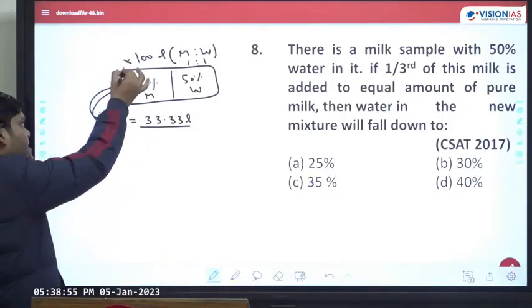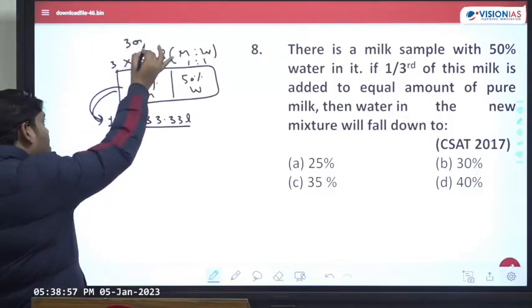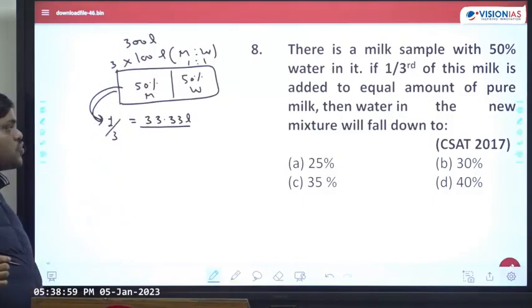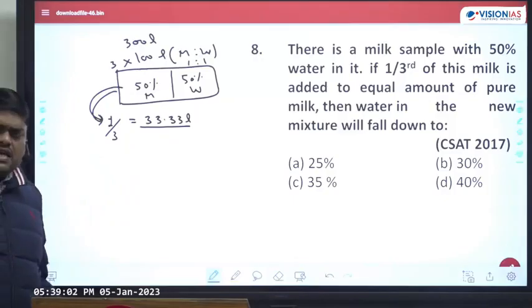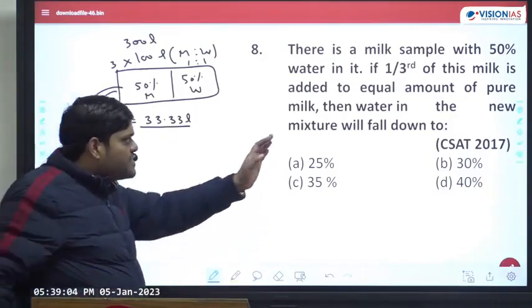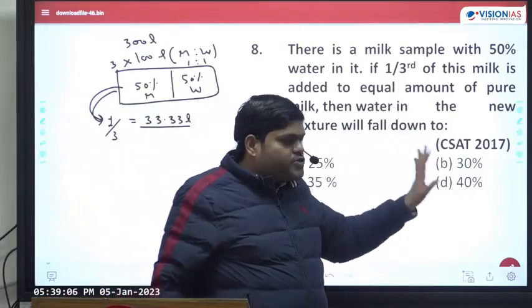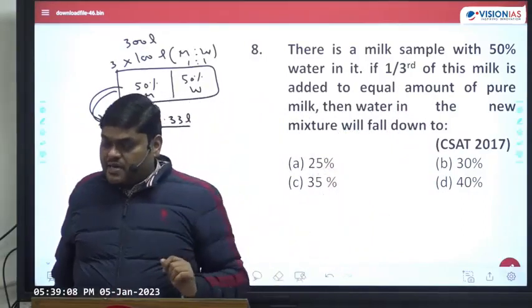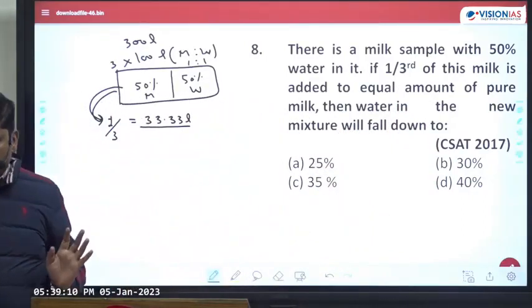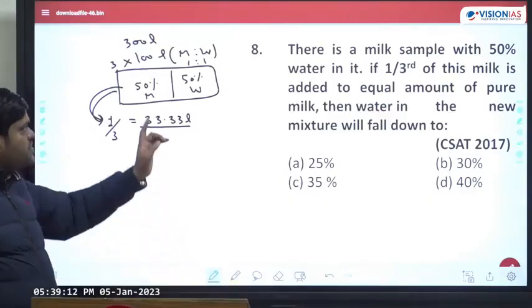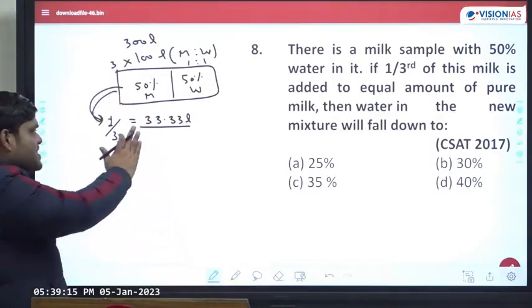If I multiply this by 3, the total becomes 300 liter. Nothing will change, because if everything is given in percentage, the final answer is also in percentage. We can take any number.